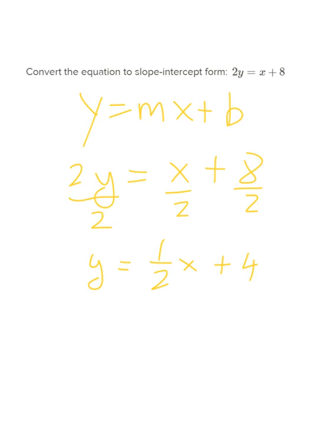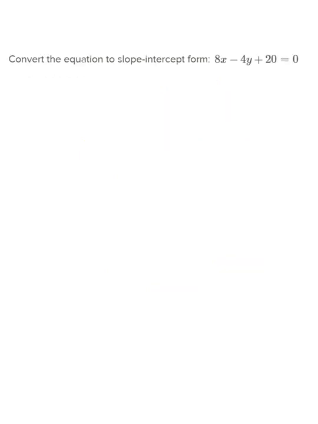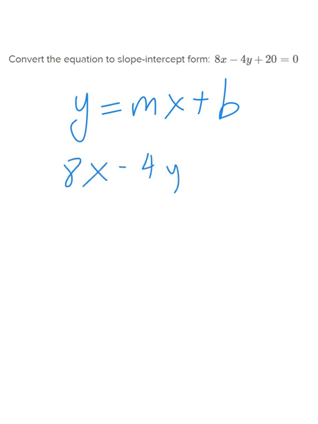One more example. All right, here we go. Convert the equation to slope-intercept form. 8x minus 4y plus 20 equals 0. All right, fine. Let's use a different color. Y equals mx plus b. I have 8x minus 4y plus 20 equals 0.